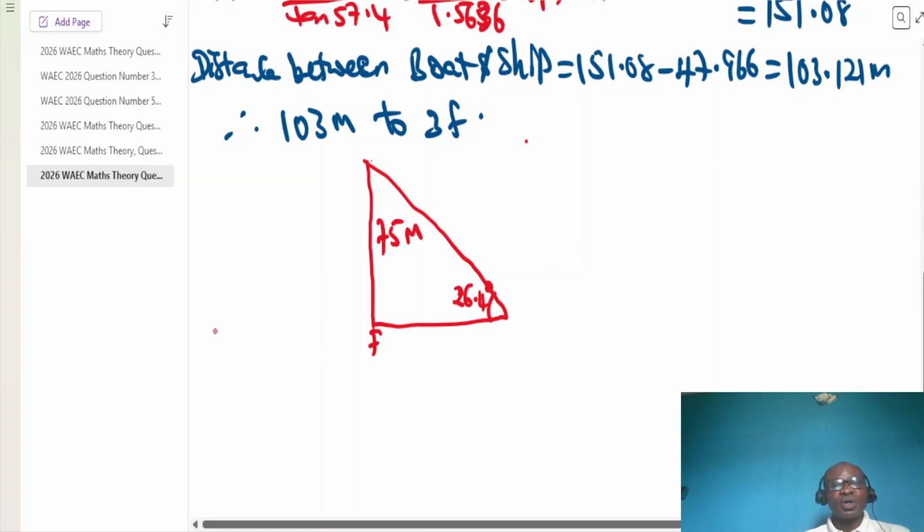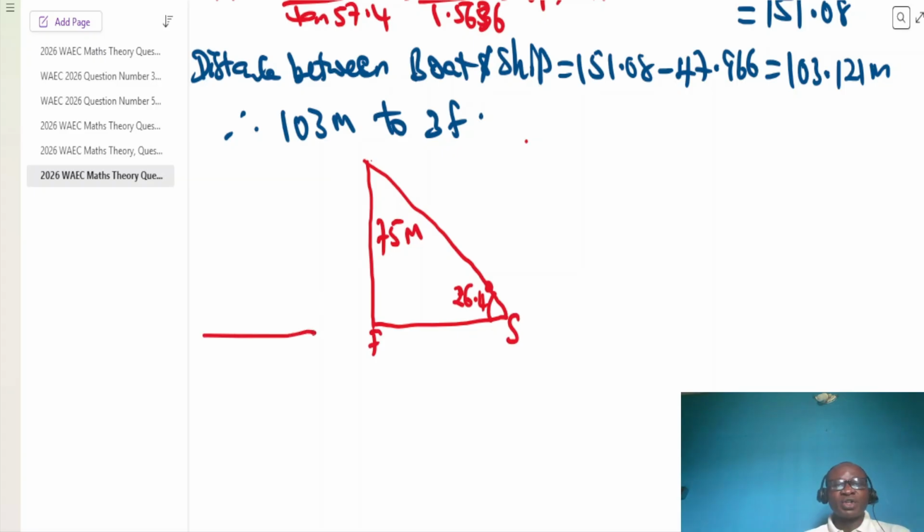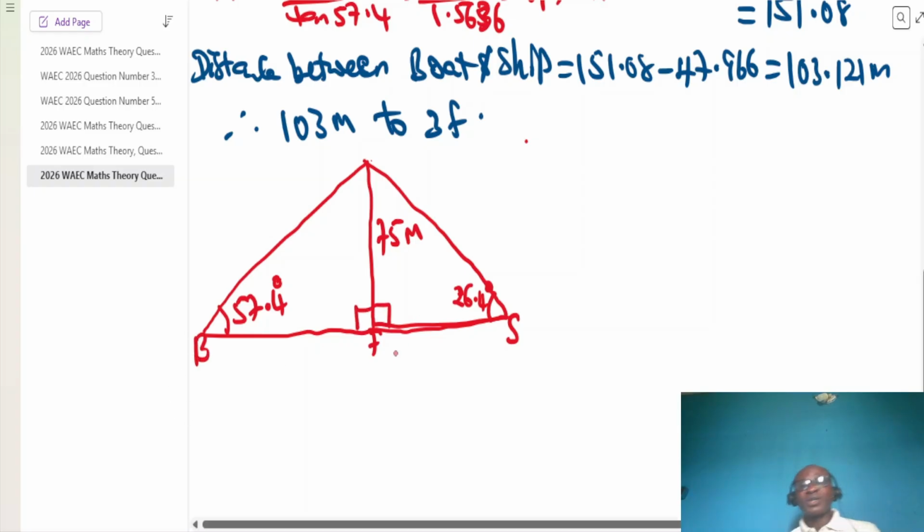And also the boat, this is the ship, and also the boat is by the western side, still on the same horizontal line, making an angle of elevation of 57.4. This is also mathematically correct. So here is 90 degrees, here also is 90 degrees, and this is the boat. What does that mean?